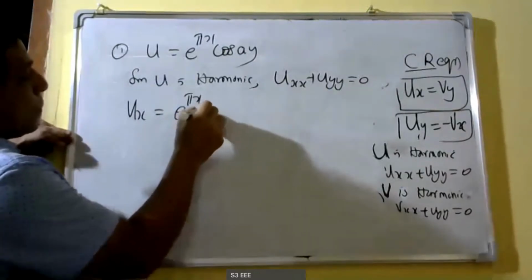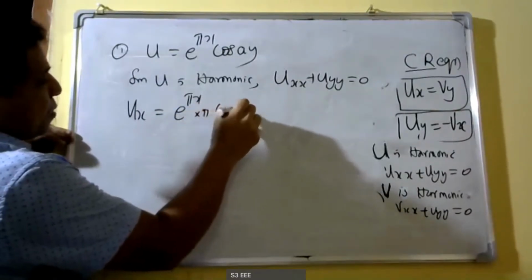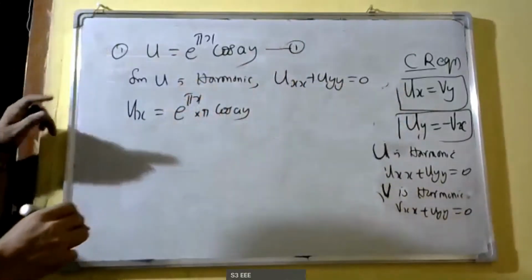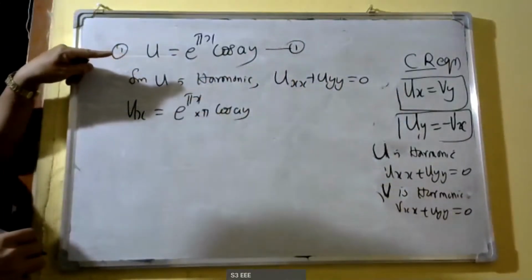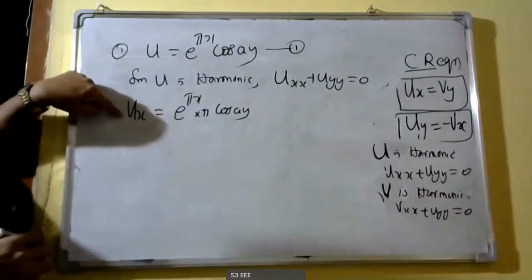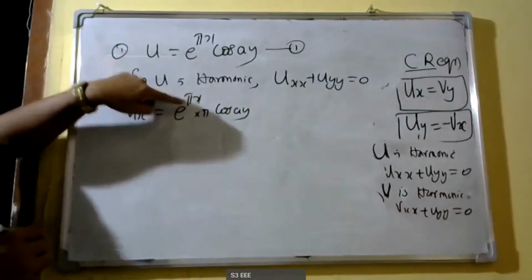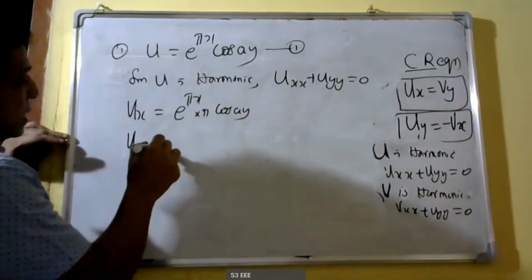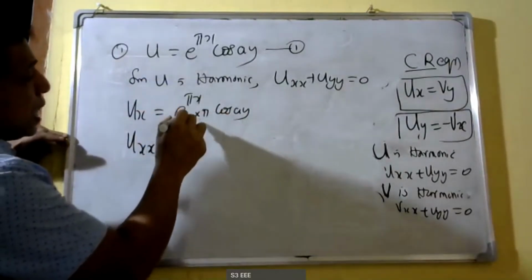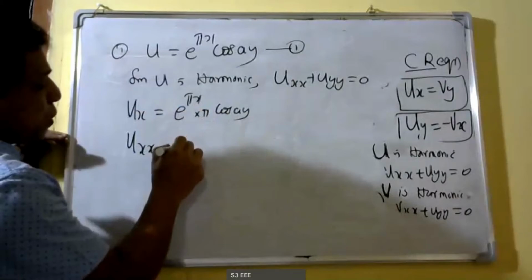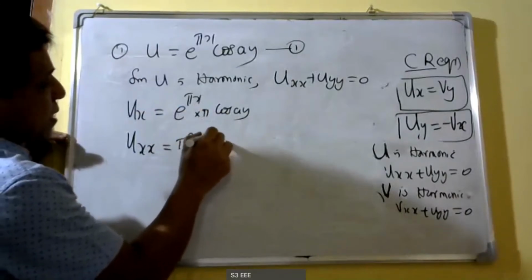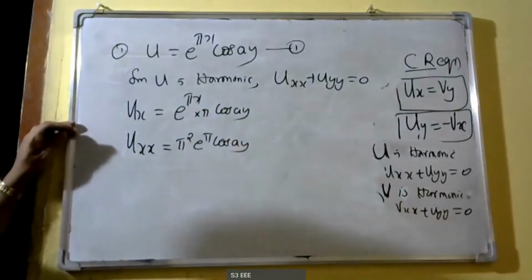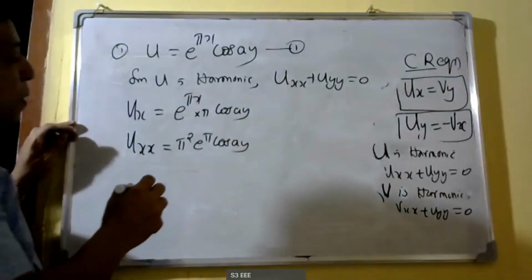ux is equal to e raised to pi x into pi cos ay, when we partially differentiate with respect to x. Similarly, uxx is pi square e raised to pi x cos ay.